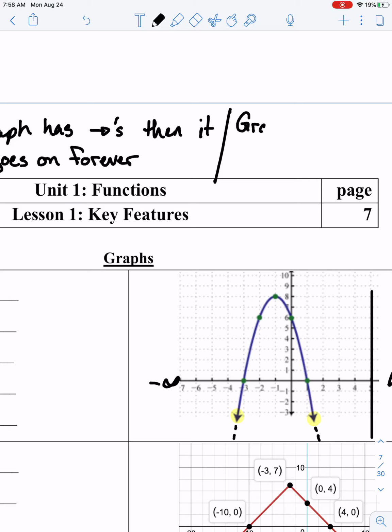Okay, also, if your graph goes to the edge of the coordinate plane, then you can put your own arrows.